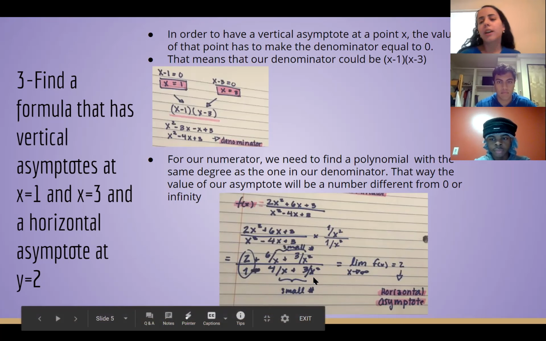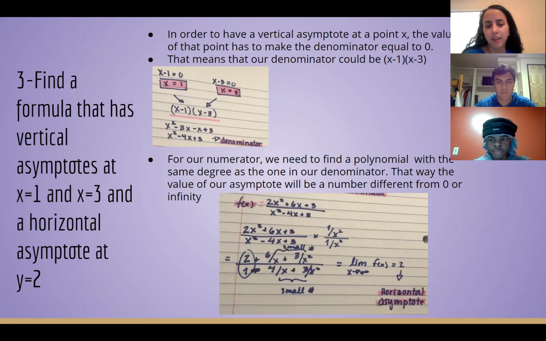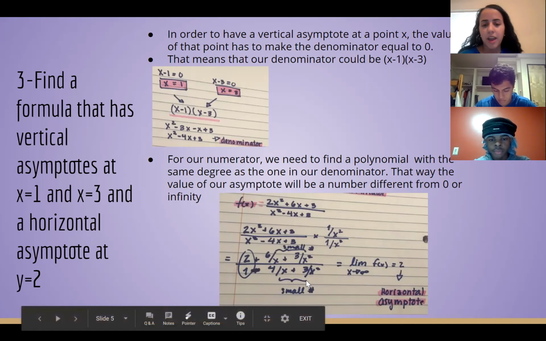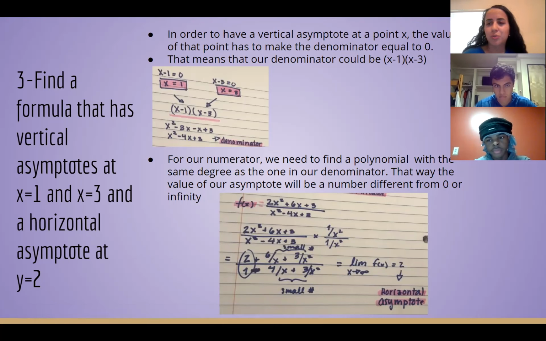If we plug in larger and larger numbers for x, we realize that 6 over x and 3 over x squared get really, really small. They don't matter because they're just a tiny bit, and we are left with 2 over 1.